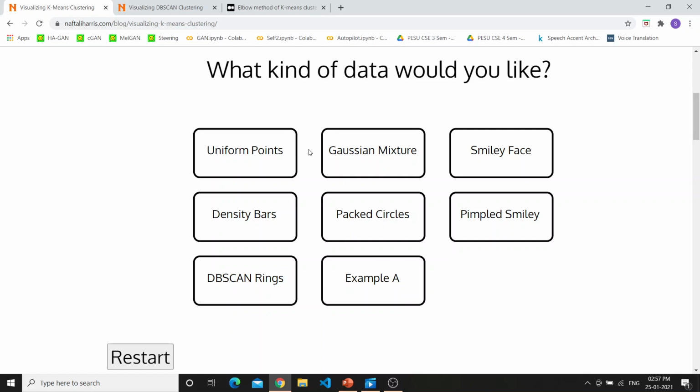Someone is asking if the centroids are random points on the graph, or do they have to be one of the data points themselves? It can be anything. You can either make up random points as your centroids, or you can choose points from whatever is existing in your data set. It does not really matter, because at the end of the day, your centroids will shift, right?